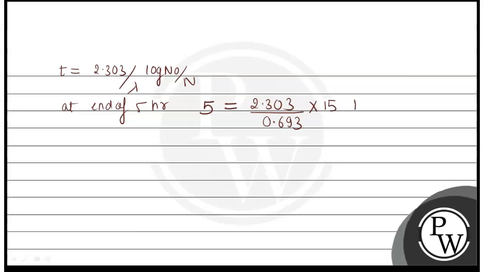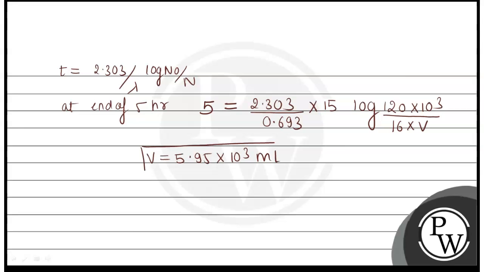So 5 = 2.303 × 15 / 0.693 × log of initially 120 × 10^3 rate of decay divided by 16 × V after 5 hours. Now after solving it we get V as 5.95 × 10^3 ml. So this is the answer of the first part.